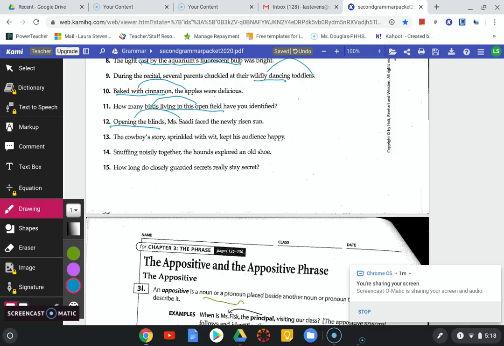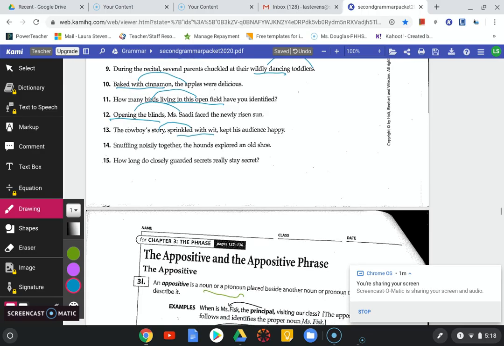Opening the blinds in Saudi in risen, describing sun. This is phrases though. We're supposed to find phrases, so yeah. Okay, sprinkle with wit the story.